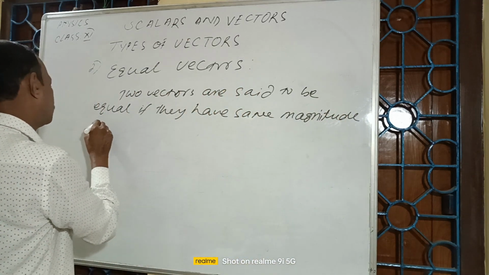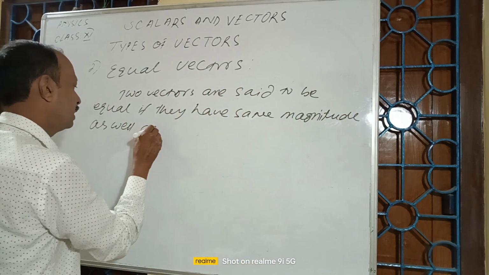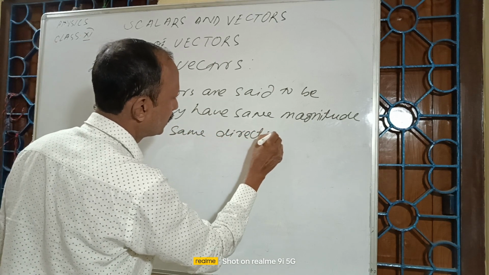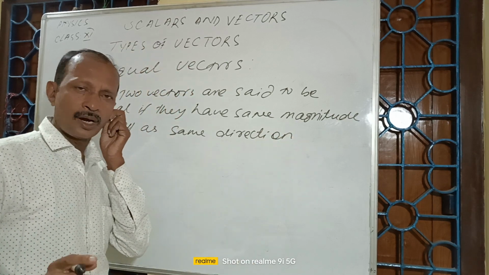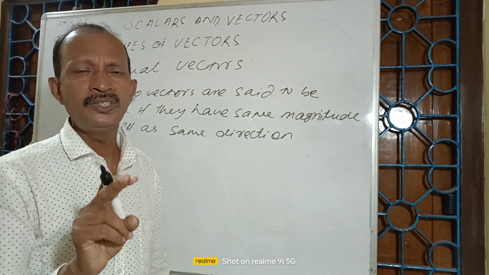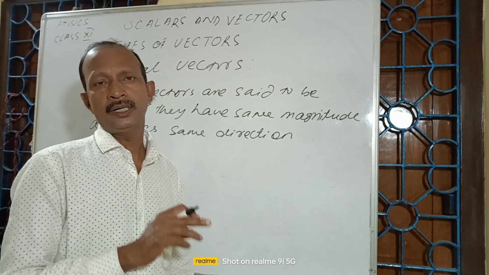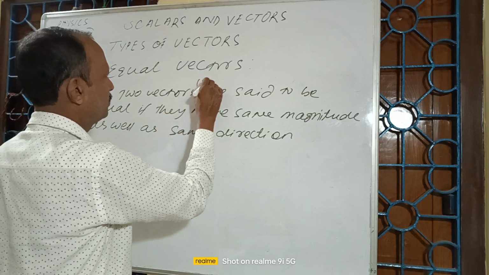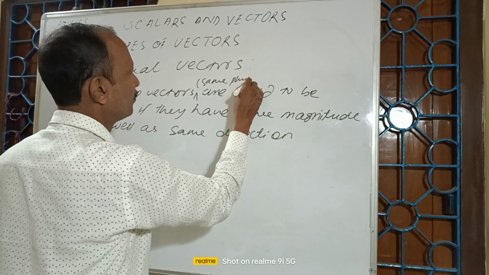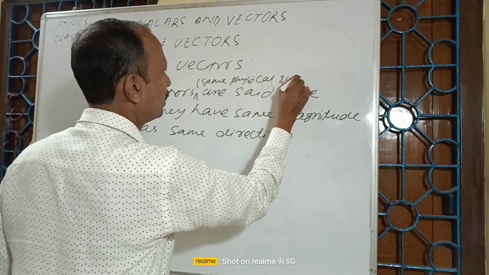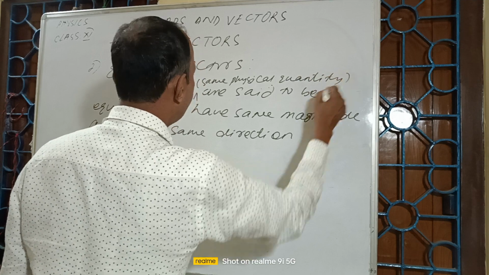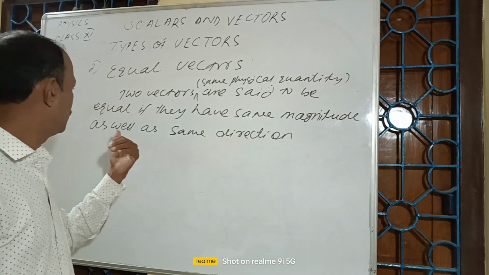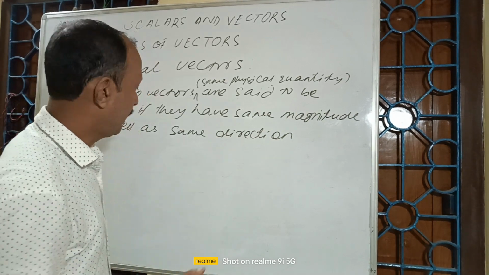Two vectors of the same physical quantity are said to be equal if they have same magnitude as well as same direction.